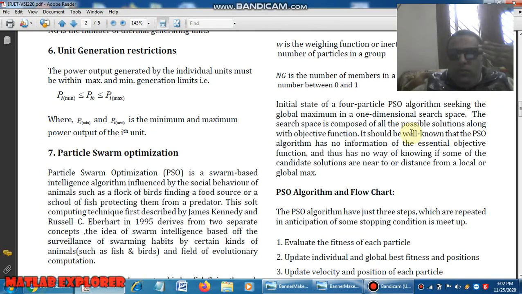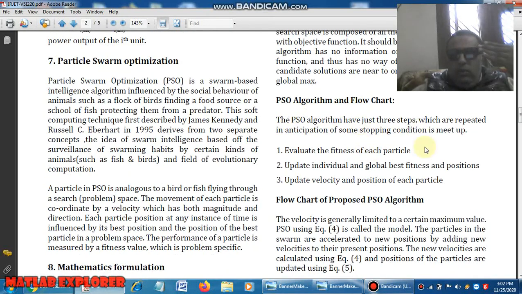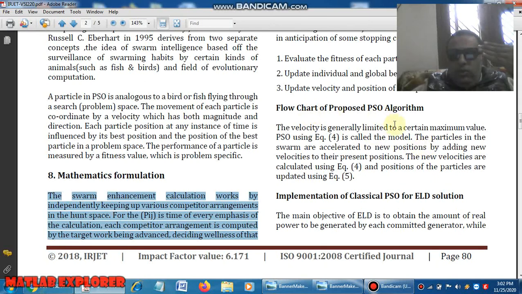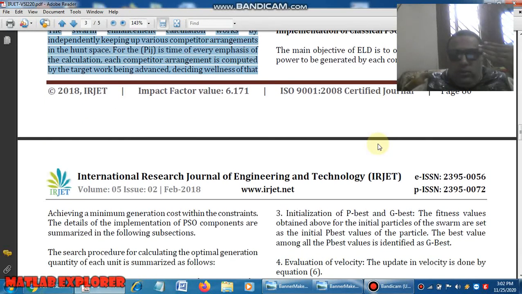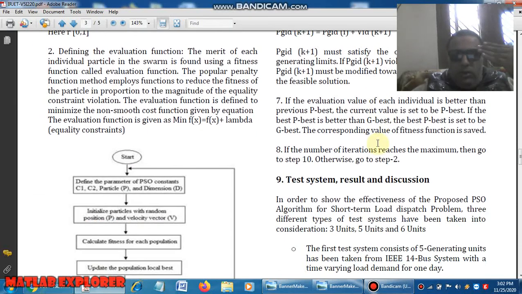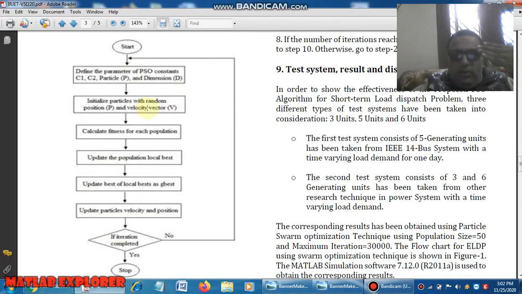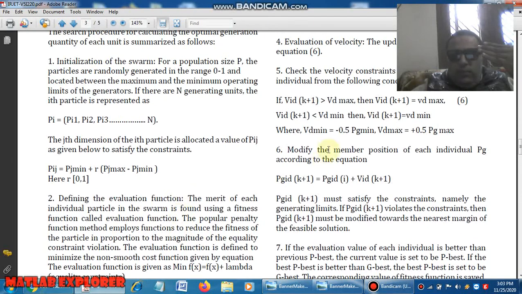After defining the mathematical equations, you can include the flowchart of your suggested technique. Here you can write your flowchart step by step.